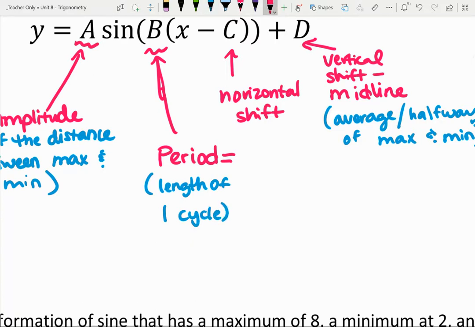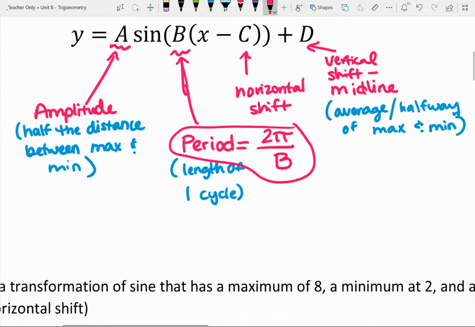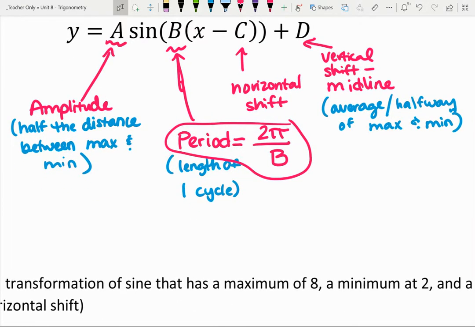And how the period relates to the b value is we can calculate the period as 2 pi divided by b. So this is going to be, I hope, a helpful formula for us today as we look at some other examples of writing these equations based on these features, and particularly how do we use the b value and the information about the period correctly.